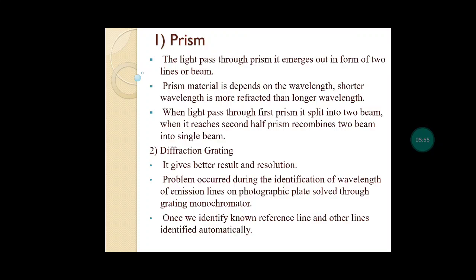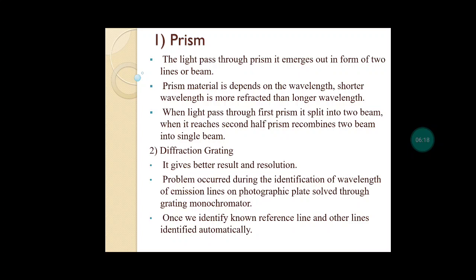First is the prism monochromator. The light is passed through the prism and emerges in the form of two beams. The prism material depends on the wavelength. Shorter wavelengths are refracted more than longer wavelengths. When light passes through the prism, it splits into two beams.